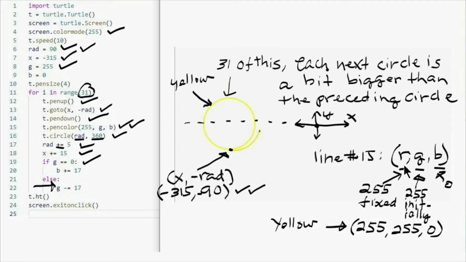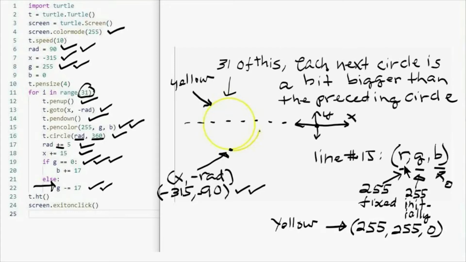However, it will take time before the value of G goes down to 0, because initially the G is 255, remember, line 8. If we subtract 17 from that, it will be lower, like 238. And then if we subtract 17 again, it will be lower, like 221. I hope I get my math right. This continues until our G is equal to 0.